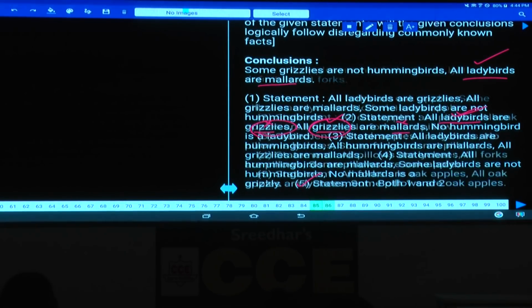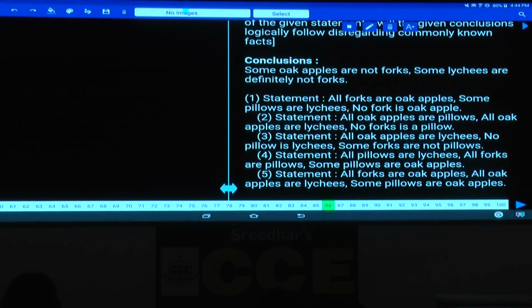Then, this is about question number 85. Then question number 86. In this 86, some oak apples are not fork, and some lychees are not fork, isn't it? Both the conclusions are negative conclusions, isn't it? Then, coming to the first one, no fork is oak apple.